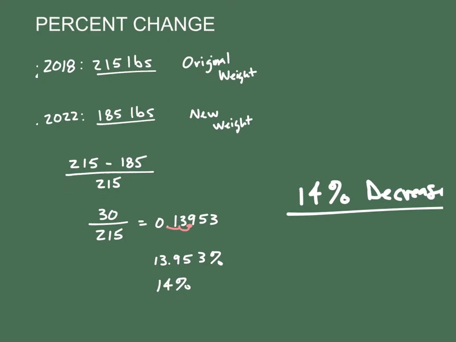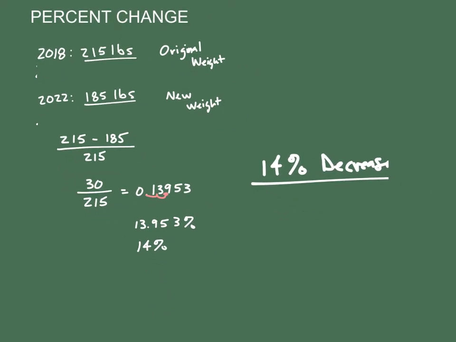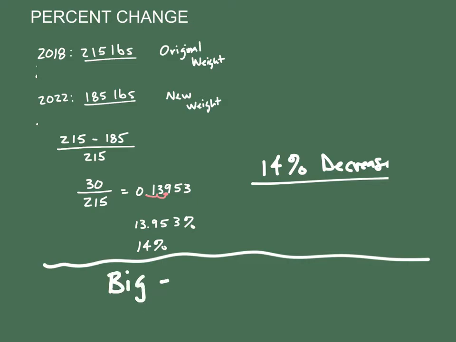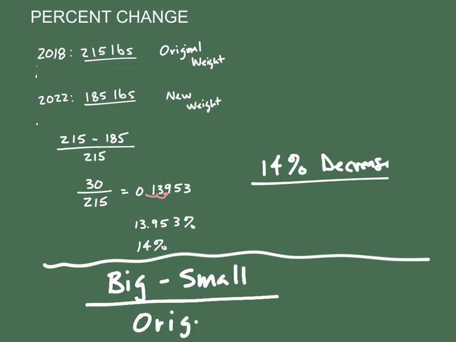A couple of things need to go into the concept of percent change. Let's write out a formula for this. The formula is the big number minus the small number, and then divide that by the original. This will get you the actual percent that you're looking for. Then we also have to talk about whether it's a decrease or an increase.